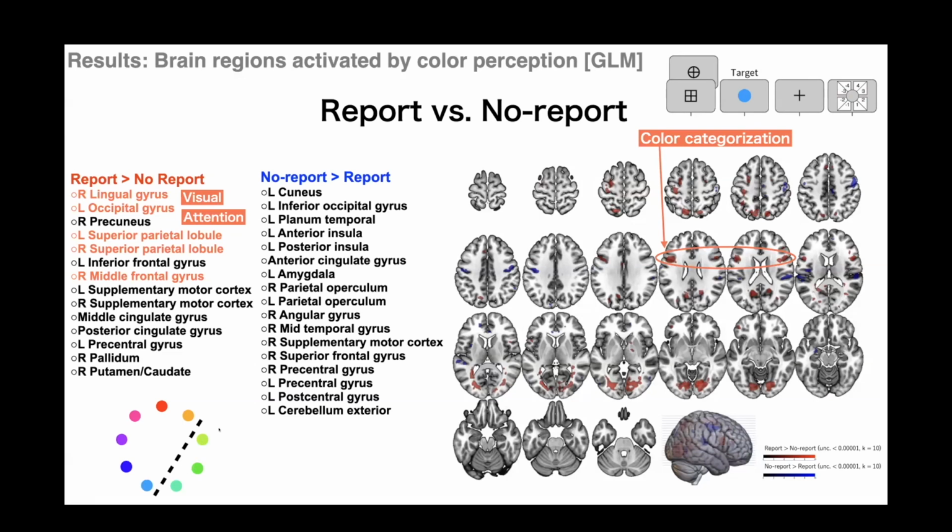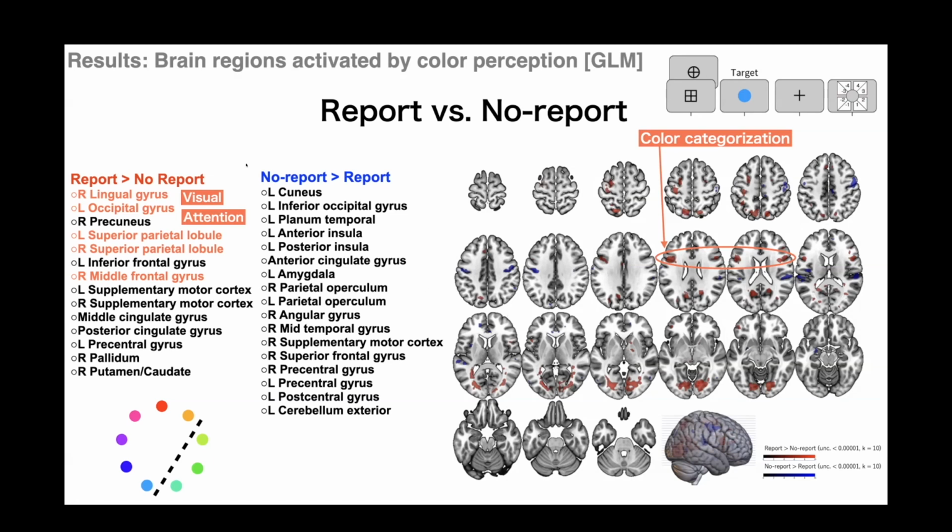So if we want to pursue whether these regions are category sensitive, maybe we can see if these regions are activated only when we compare these greens. If these regions are not activated when we are comparing only these greens, it will kind of prove that color categorization is present when we are rating the colors. Okay.